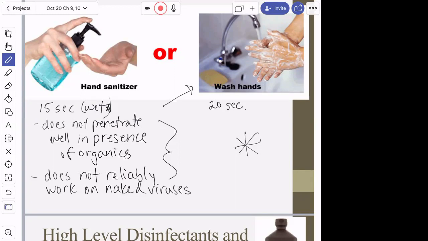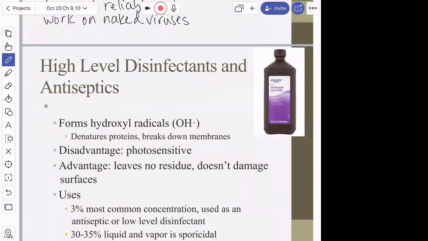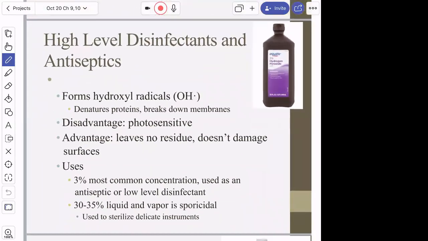Okay, let's move up to our high-level disinfectants and antiseptics. Let's start with hydrogen peroxide. We talked about different things to think about when you're choosing an antiseptic or a disinfectant, and that there's no perfect disinfectant.